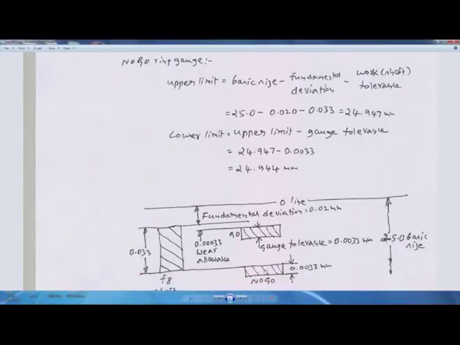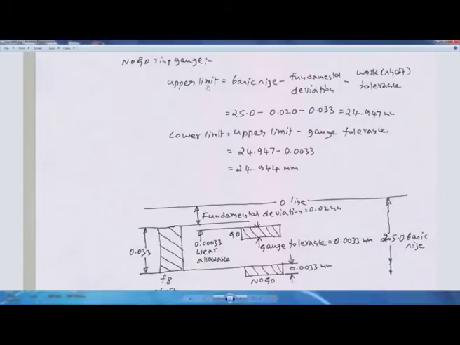this is the no go ring gauge, and this is the upper limit for the no go ring gauge. We can calculate this by this relationship. Upper limit is equal to basic size, 25 millimeter, minus fundamental deviation, that is 0.02 millimeter, minus work tolerance, that is 0.033 millimeter.